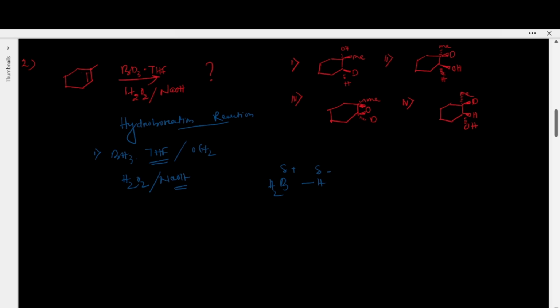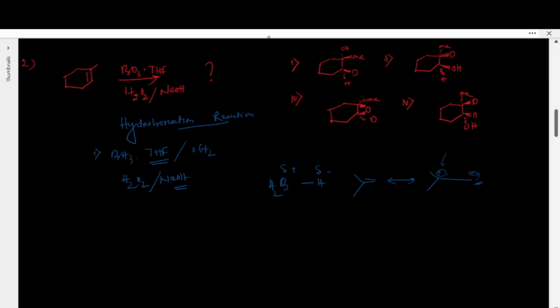So if we have a double bond like this, then we can represent the double bond with a positive charge over here and a negative charge over here, because the positive charge at the tertiary carbon is more stable and the negative charge at the primary carbon is more stable.